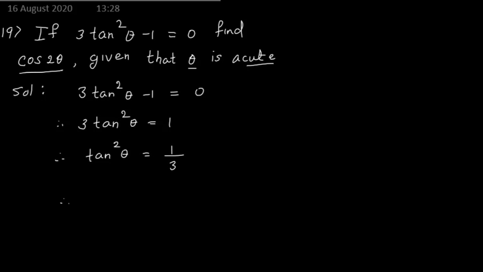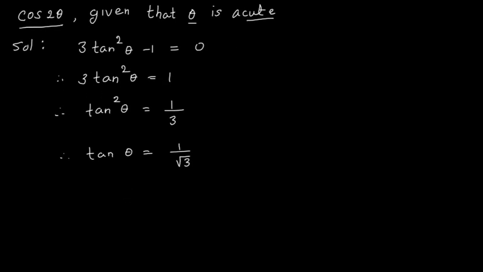Therefore tan theta is 1 upon root 3. Now 1 upon root 3, we know that tan 30 degrees is 1 upon root 3. So this is equal to tan 30 degrees. So therefore theta is equal to 30 degrees. Now theta is 30 degrees, we have to find cos 2 theta.